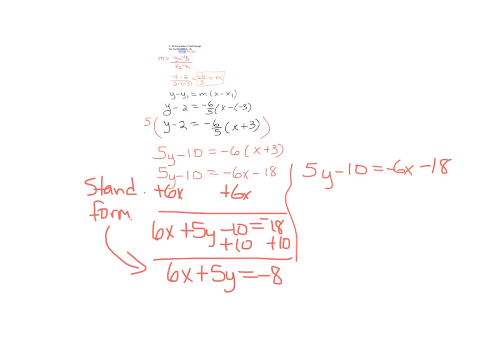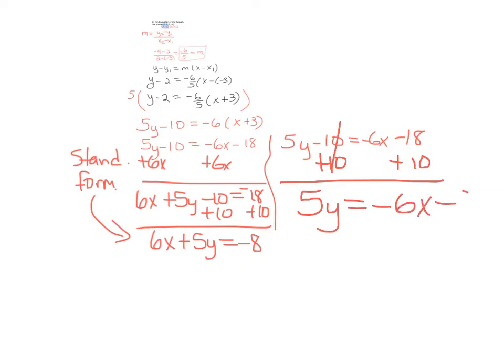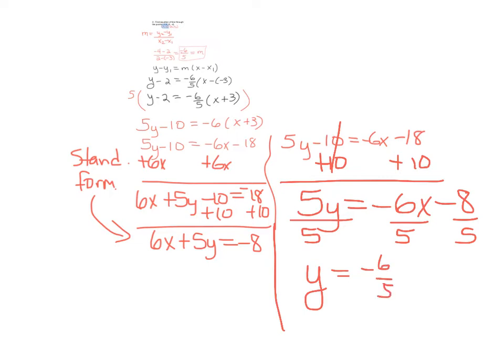Now, if it said slope-intercept form, then instead I would add the 10 first, and now get 5y equals negative 6x minus 8, and then divide everything by 5. Because remember, slope-intercept form can have fractions.